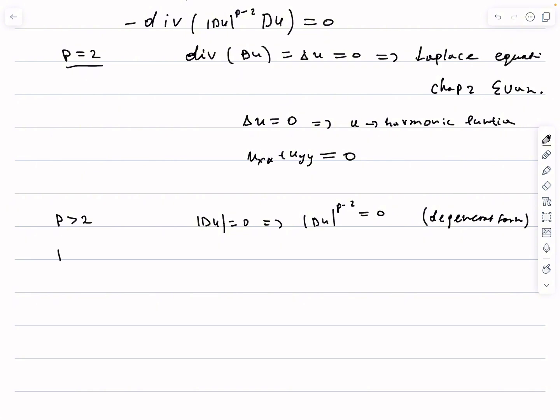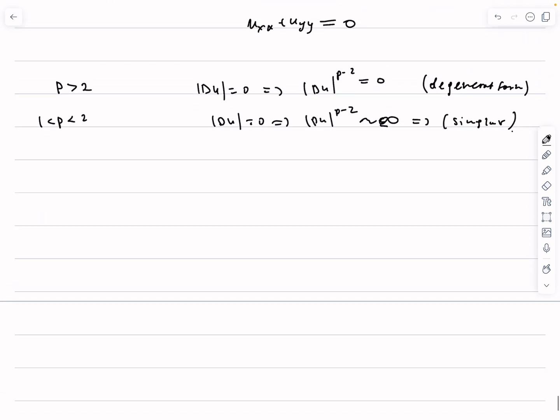And when p is less than 2 and greater than 1, du is equal to 0 and |du|^(p-2) goes to infinity. This case is called singular. Okay, and our focus will be when p is infinity, the infinity Laplace equation.